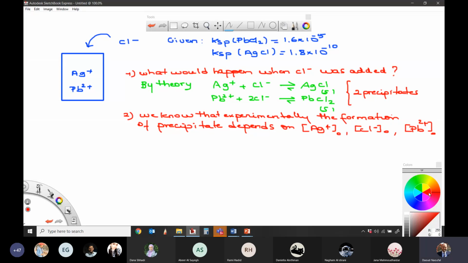3. What is the real state of the solution? Pay attention. To form AgCl precipitate, Ip of AgCl should be greater than Ksp of AgCl.